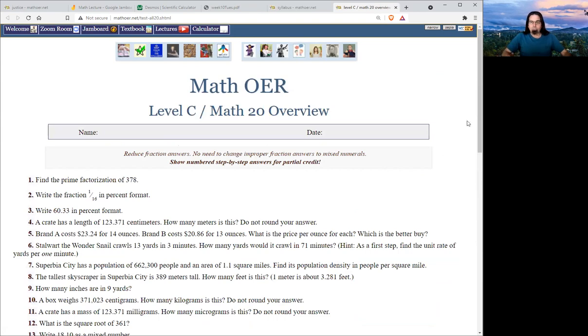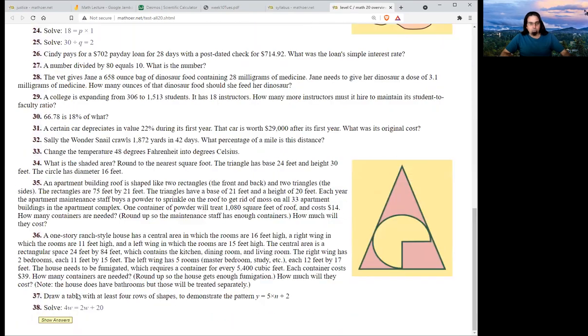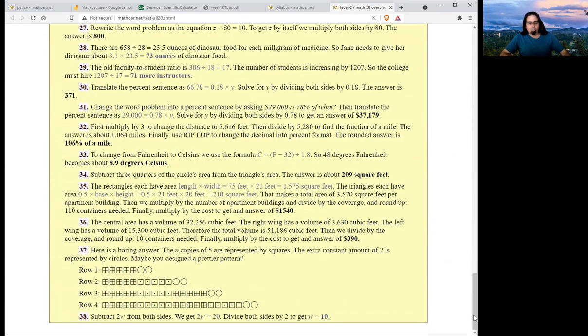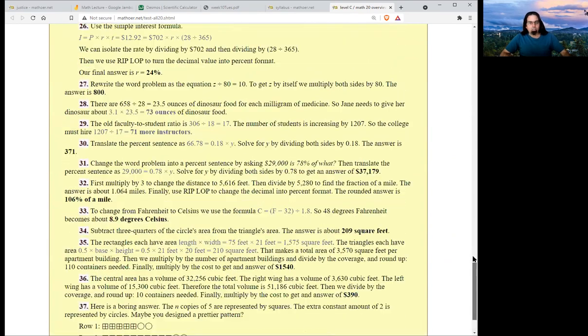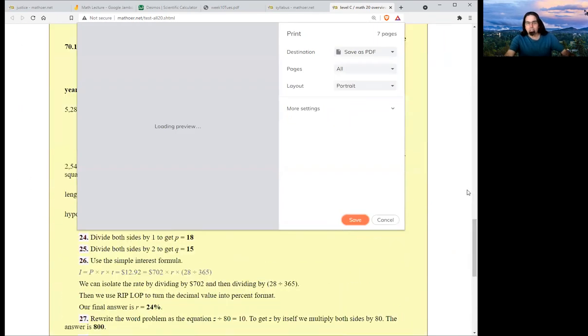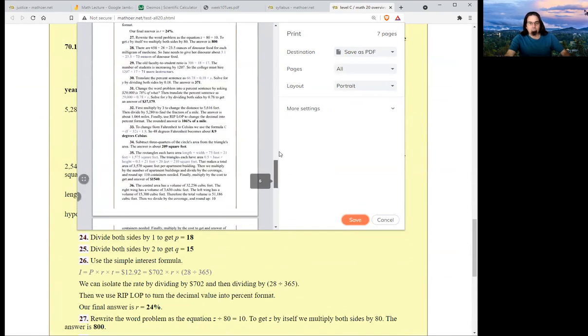And a reminder for how the final works: when you load these, you have an answer key. That's why it's a practice final. When you're ready for the real one, whether it's today or next week, just let me know and I will print out a PDF version that has the answers and I will keep that.